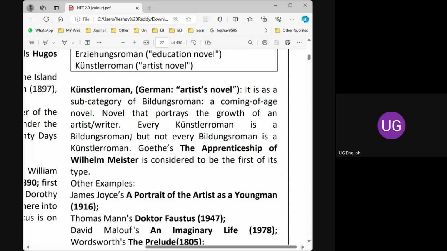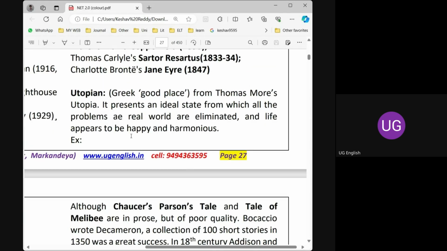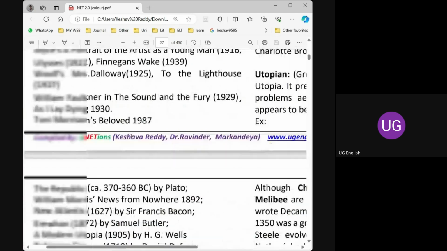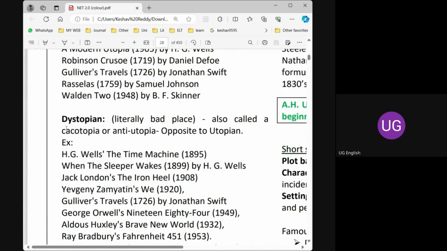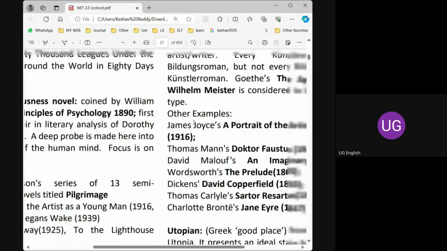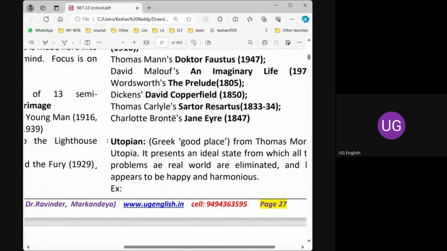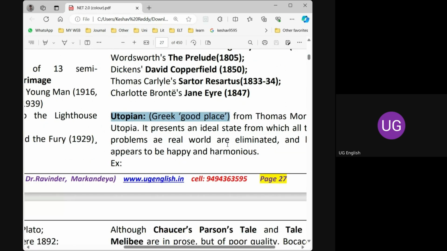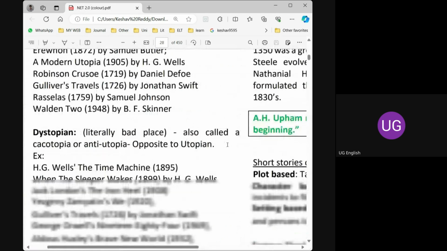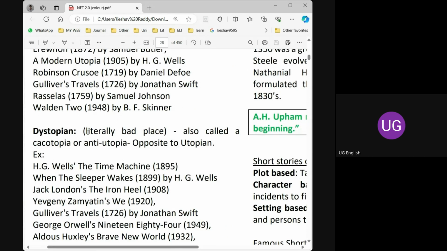Very important. And coming to two important points, utopian and dystopian. Very, very important terms, these two are. Utopian means a good place. Utopia means u means good, topia means place, good place. Dystopia, dys means bad, that is bad place.